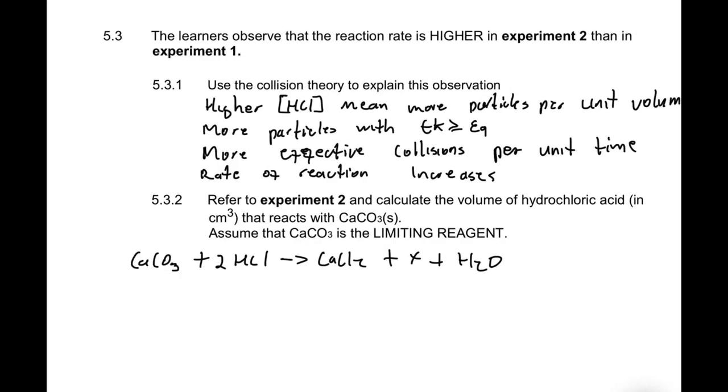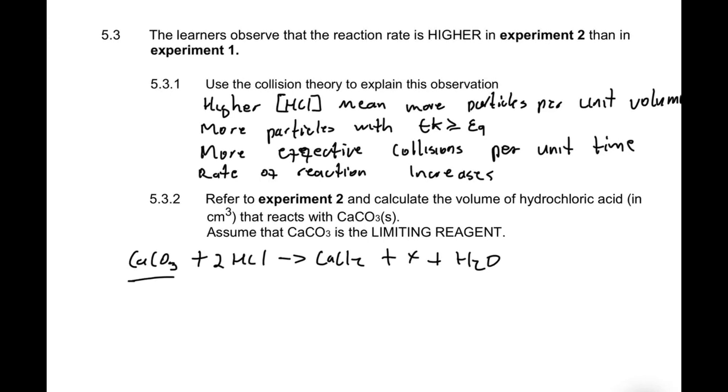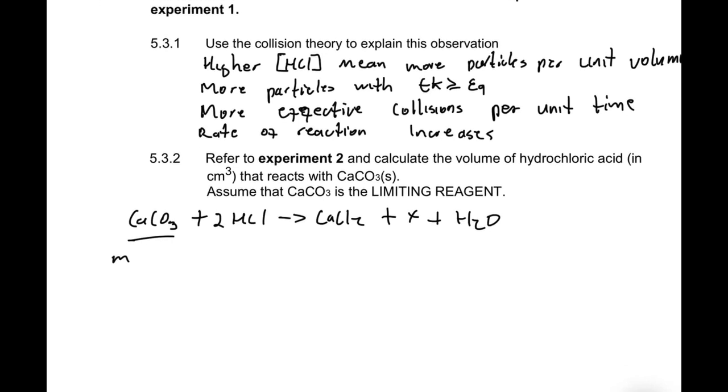So we need the volume of HCl, and then we have the mass of CaCO3, right? From that mass, we can find the number of moles of CaCO3. We can use that number of moles to find the number of moles of HCl through the balancing coefficients. And with the number of moles and the concentration of HCl we are already given, we can find the volume, right? So let's go ahead and do that.